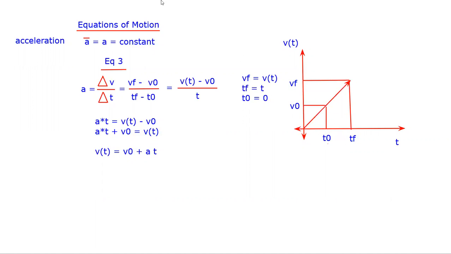And so you may notice that we don't need to know the initial position. To find the velocity with respect to time, all we need to know is the initial velocity. We don't need to know the initial position. So as before, T0 will go to 0. And I'll go ahead and move that there. So that goes to 0.